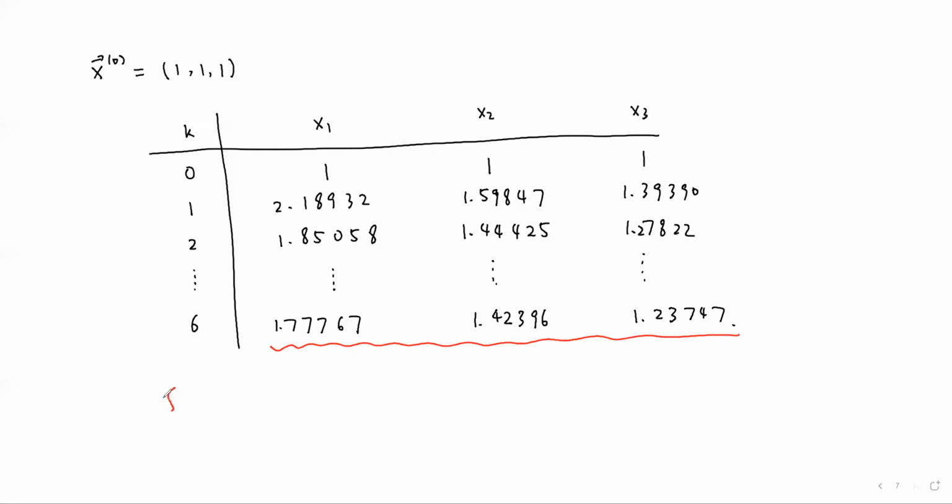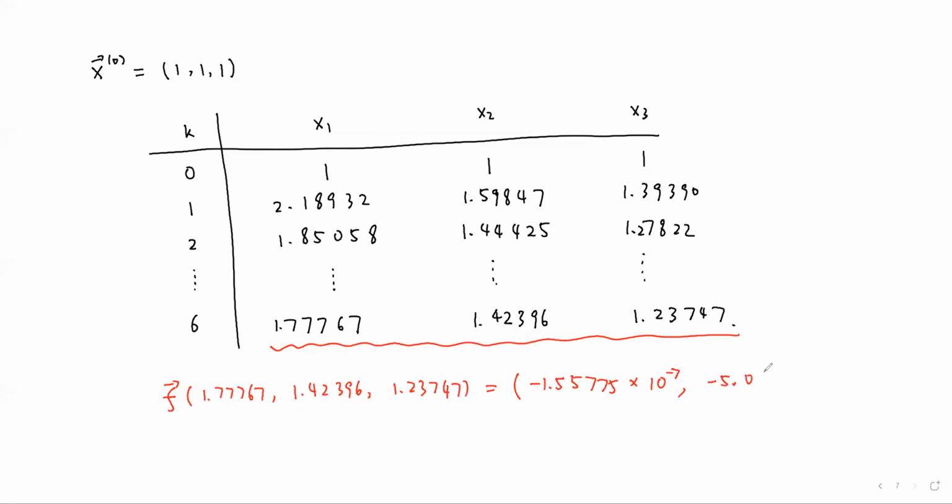The function value at this x1, at this x2, x3, is very small. It is negative 1.55775 times 10 to negative 7. Quite good.